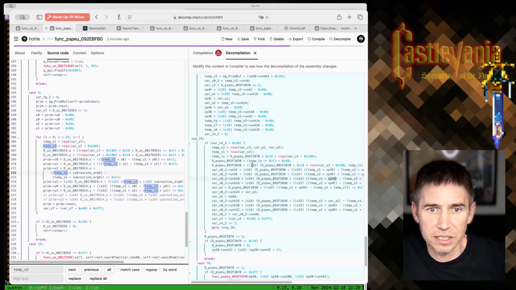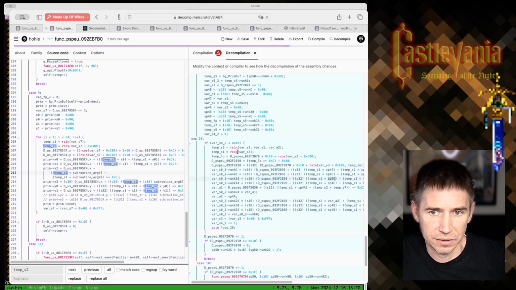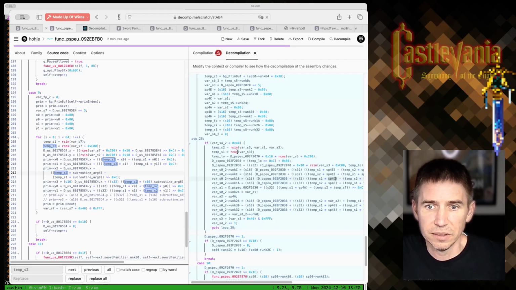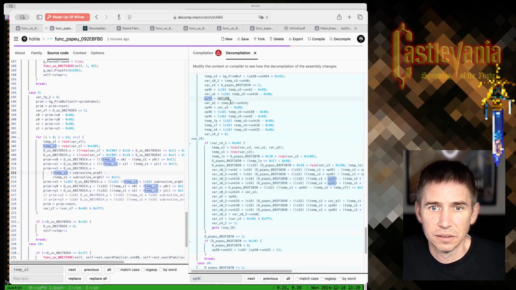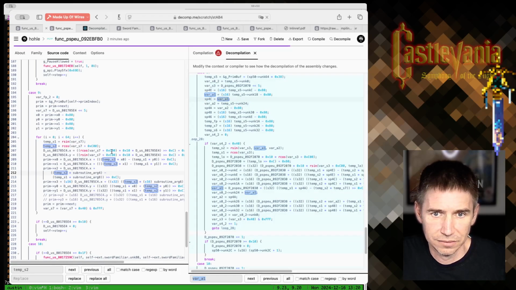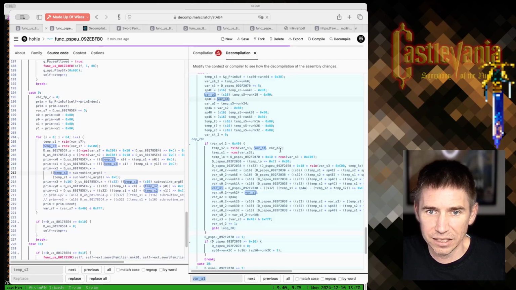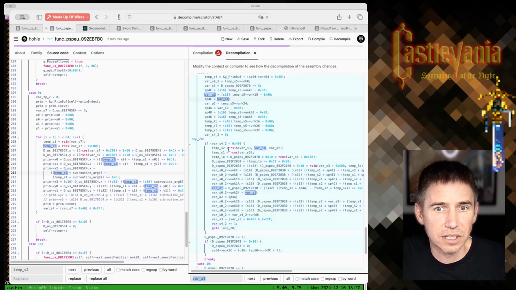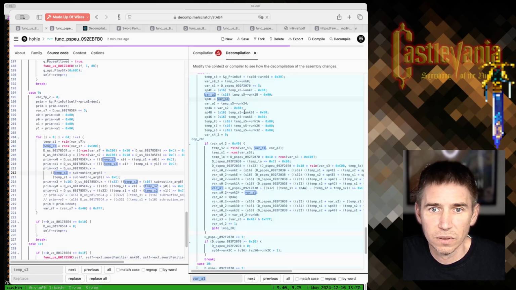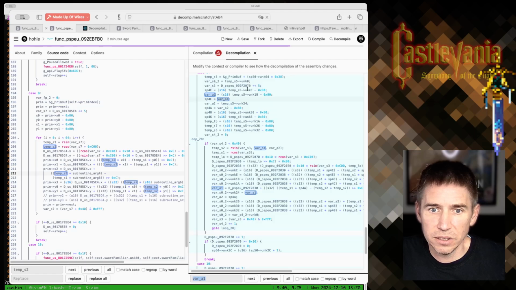So SP4C is RA1. RA1 is not the argument to the sign function call. It is unknown C, which is the same as x0, so this is just x0.